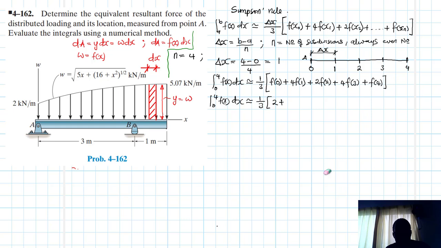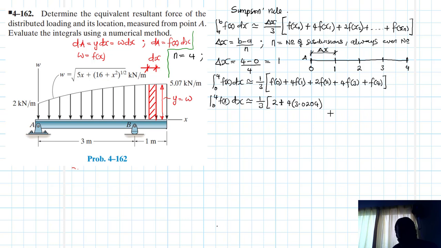All right, then let's move on. Where x is equal to 1, we have a 4 here. What is the value where x is equal to 1? So this becomes 16 plus 1 squared, root of that, then plus 5 times 1, then root of that. So this becomes 3.0204. I'll just maintain 4 decimal places.